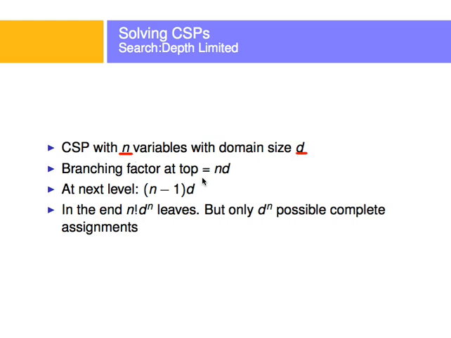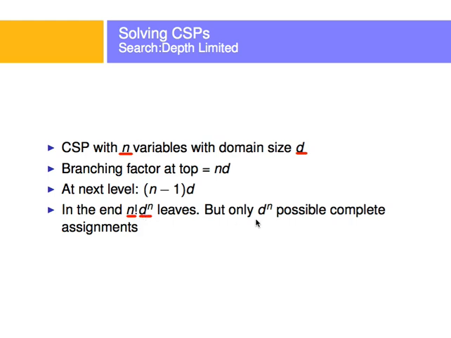The branching factor at the top is going to be n times d, because all assignments are possible for all variables. Now at the next level, you have one less variable, times the domain size, because you assign the first one and then the rest can only have one less assignment. And in the end, you end up with n factorial times d to the n leaves in this tree.